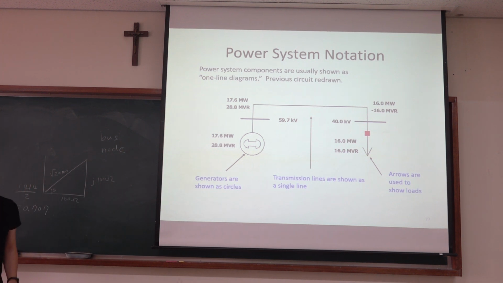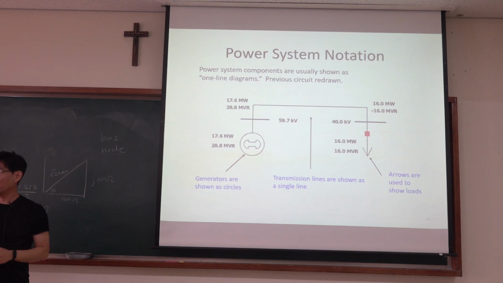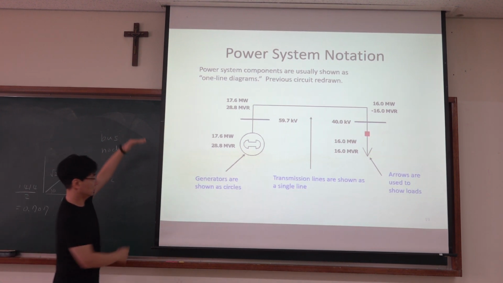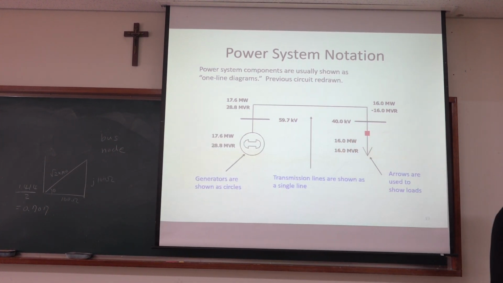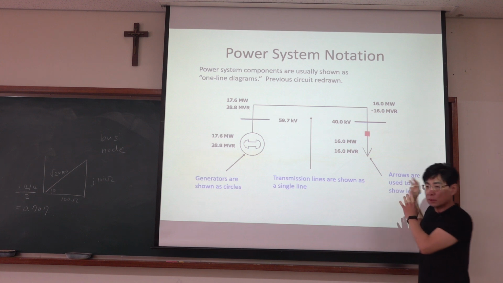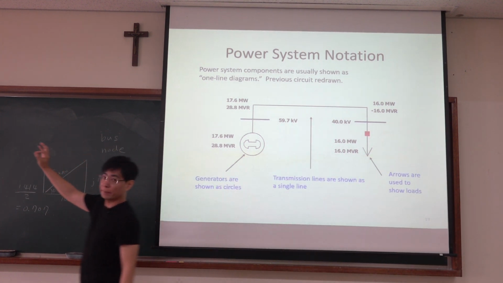Okay, so physically, this bus is a huge metal plate, like a copper plate. The generator is connected to this metal plate, and this metal plate is connected to a transmission line.